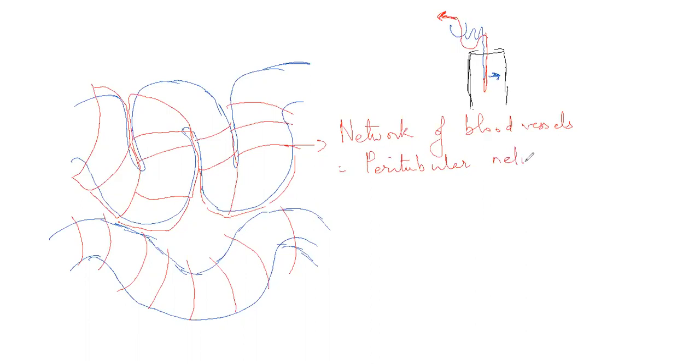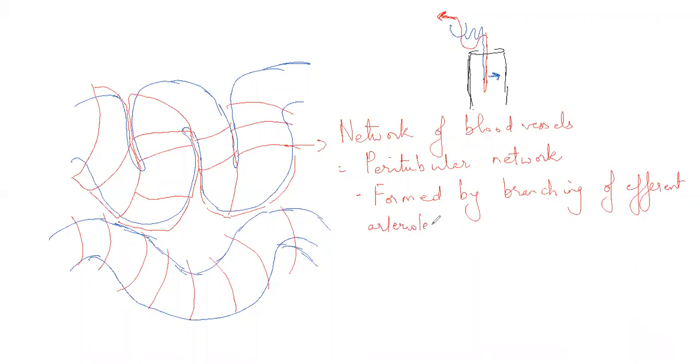And this peritubular network is actually formed by branching of efferent arteriole. The blood from the efferent arteriole does not return back into the renal vein.